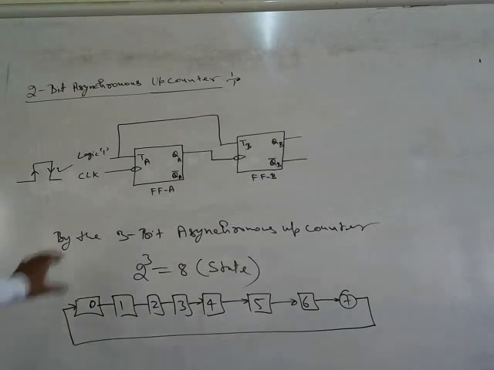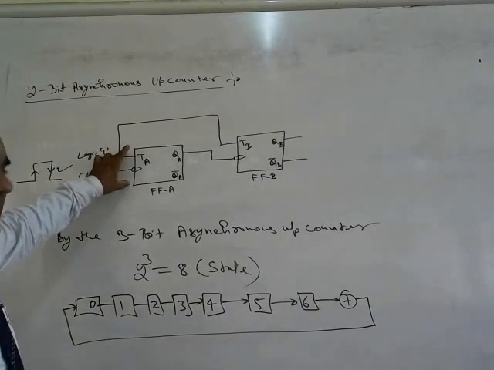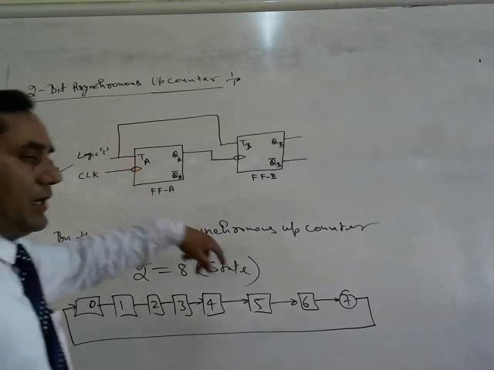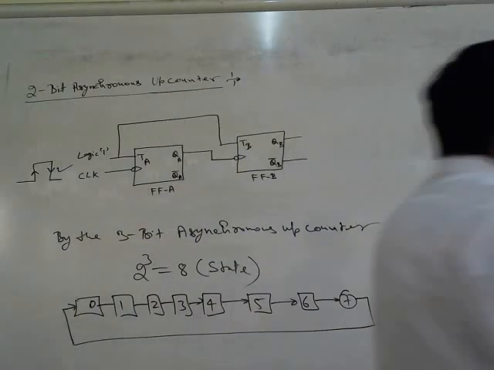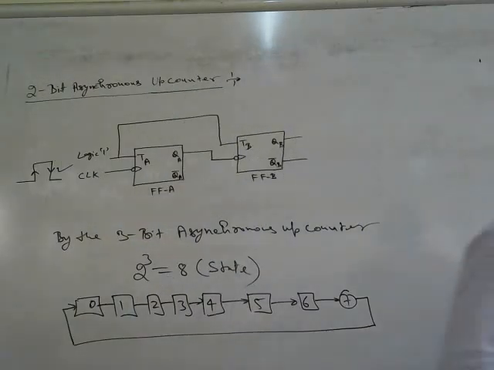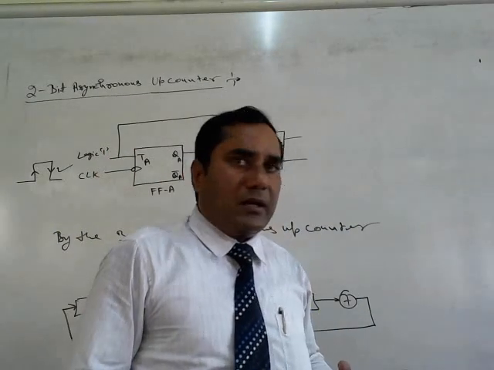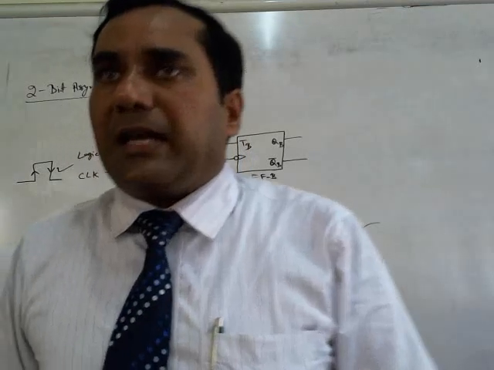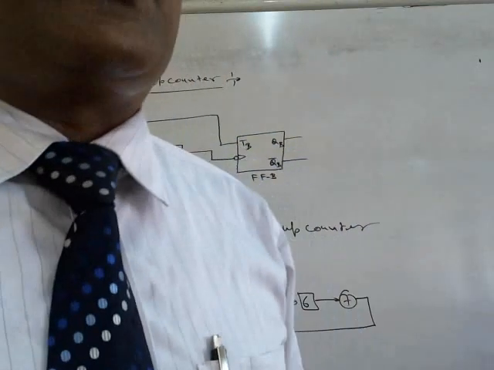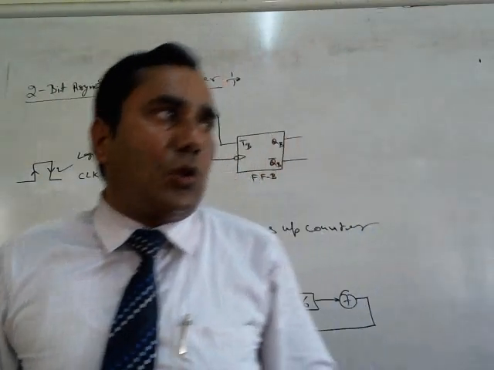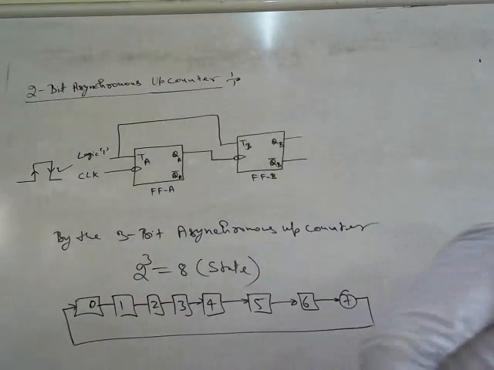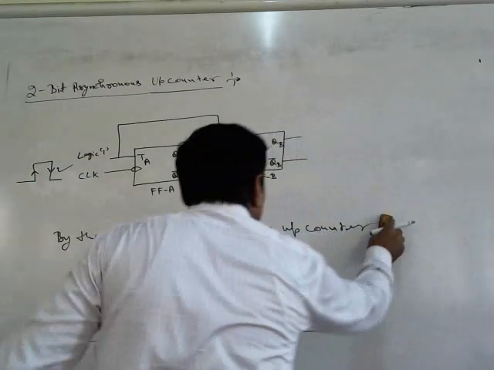For developing the up counters using the JK flip-flop, we show the inputs J and K. Because we know that in the case of the JK flip-flop, when both the inputs J and K are shorted, it acts as a T flip-flop or a toggle.